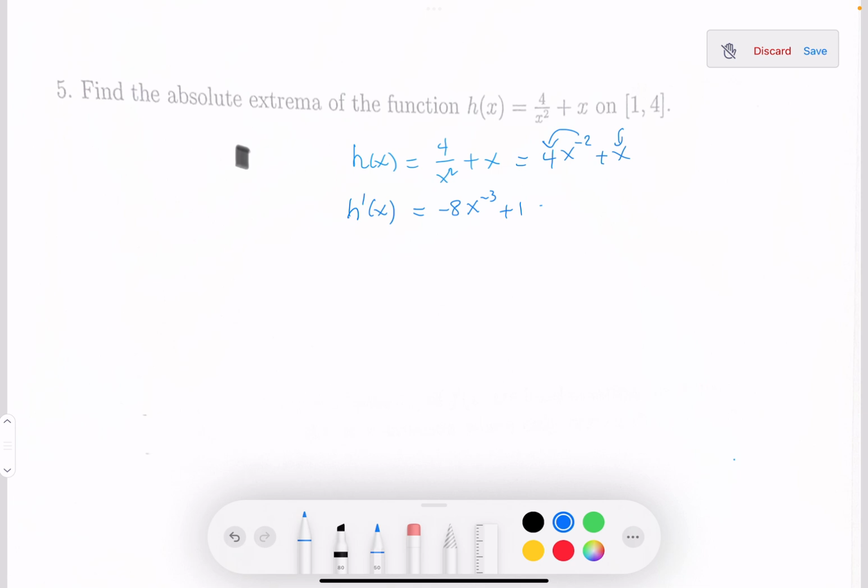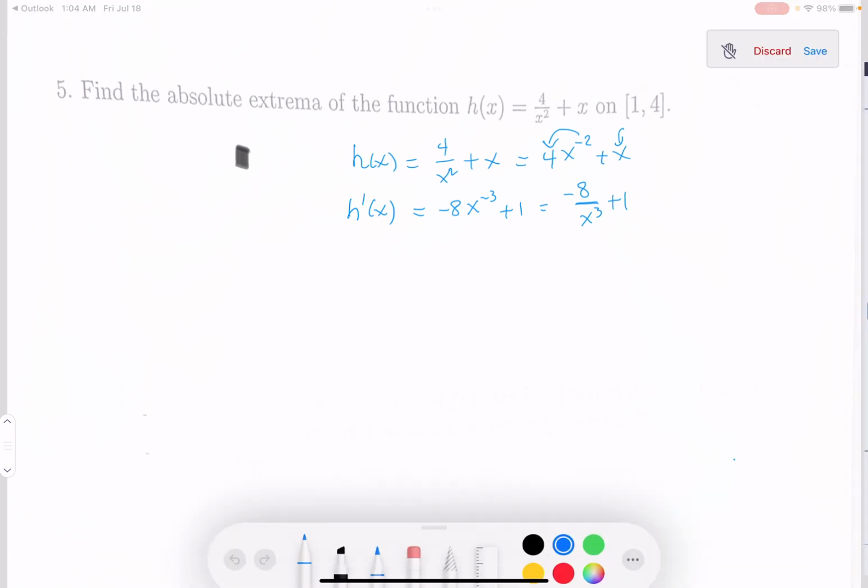So the answer is minus 8 over x cubed plus 1. That is h'(x), the derivative of h(x).